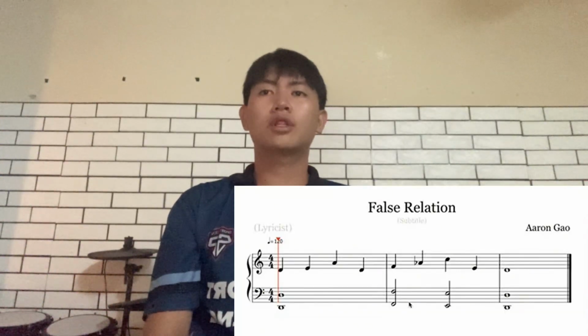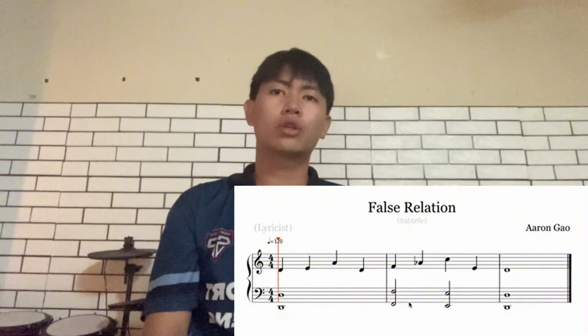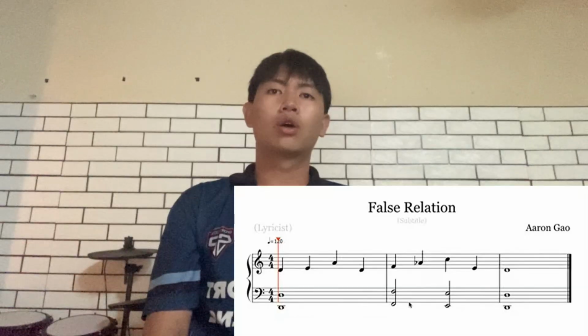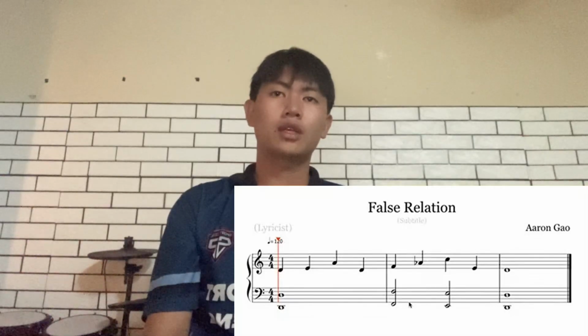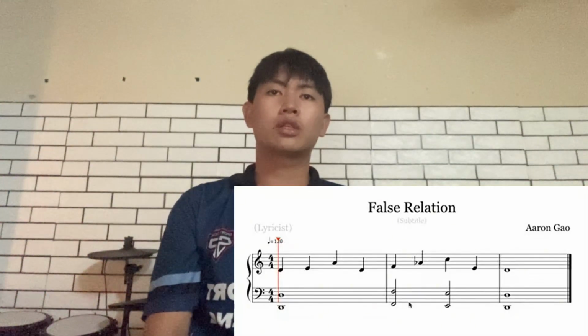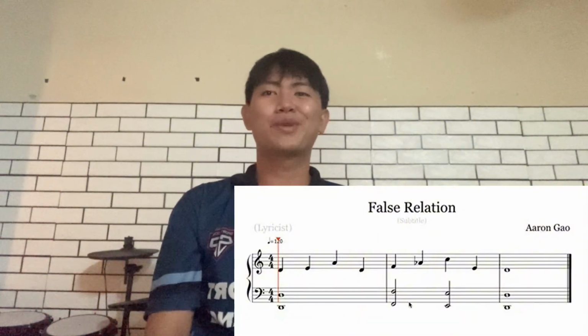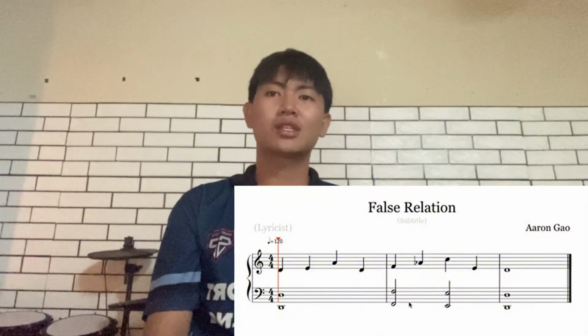And then false relationship. False relationship in music describes a type of dissonance that occurs when two notes of the same letter name with different chromatic alterations are placed in close time proximity, either simultaneously or between one chord and the next.